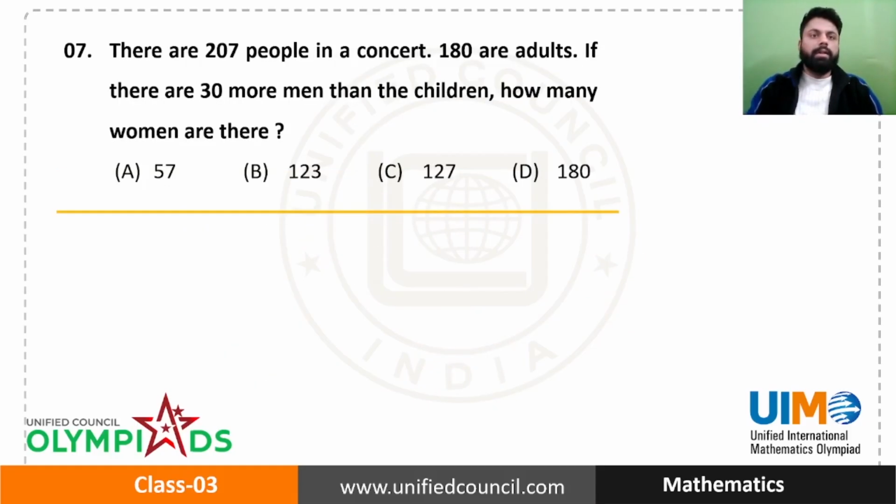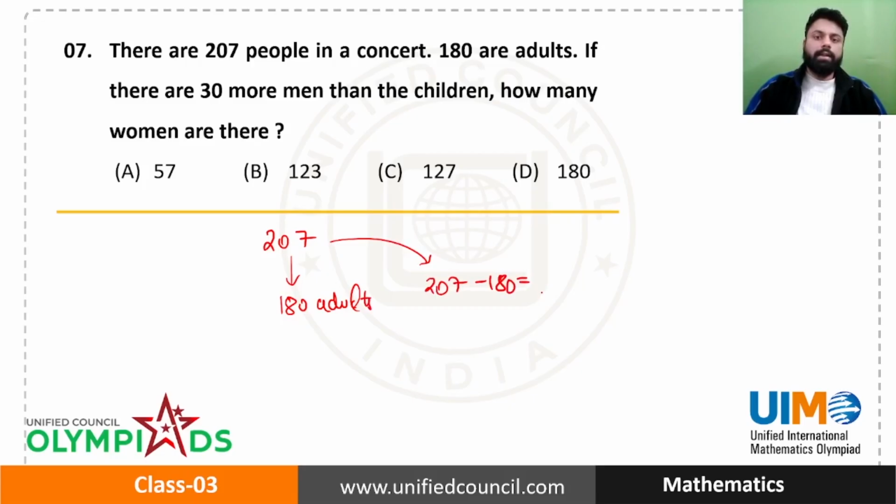Next one. There are 207 people in a concert, 180 are adults. If there are 30 more men than children, how many women are there? So out of 207, there are 180 adults. So there will be 207 minus 180, that is equal to 27 children.